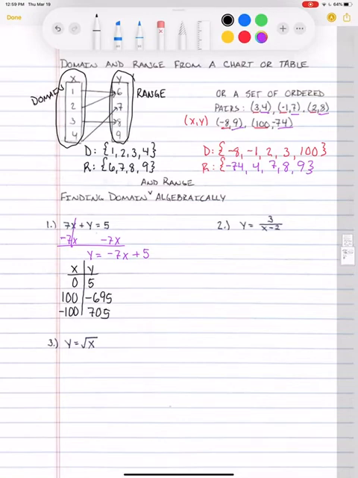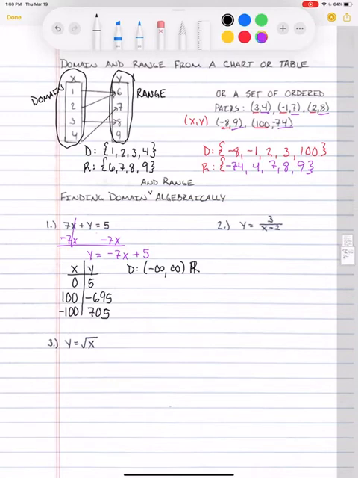So it doesn't matter what I plug in for x, I will always get something back out for y. So my domain can be any number, meaning my domain goes from negative infinity, it's not a fancy bracket, it's just a parenthesis, to positive infinity. Okay, that's because the domain here is all real numbers.